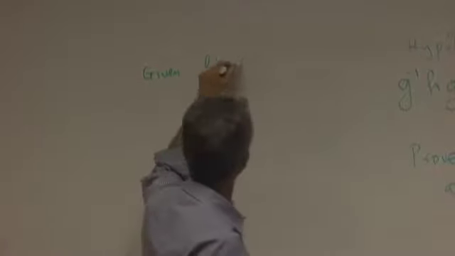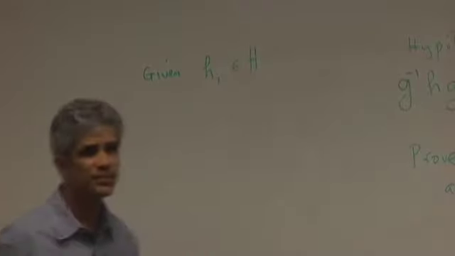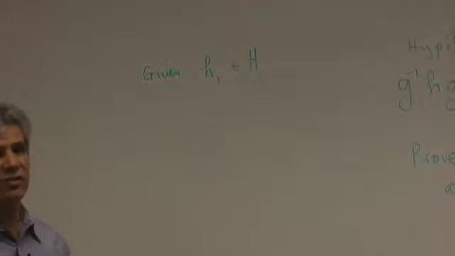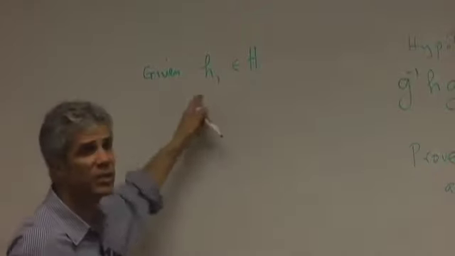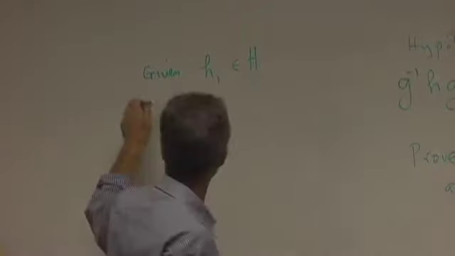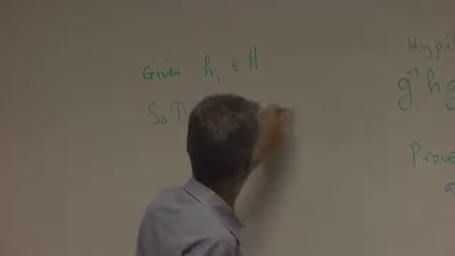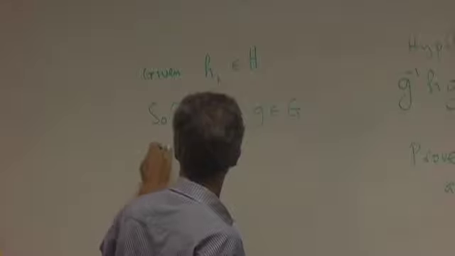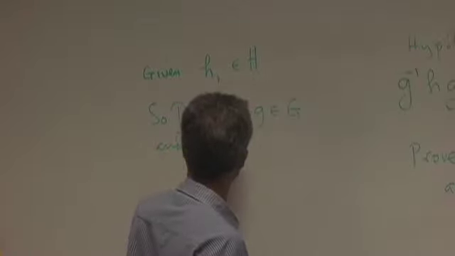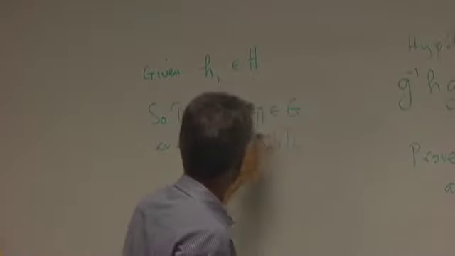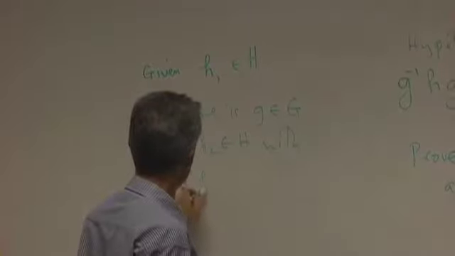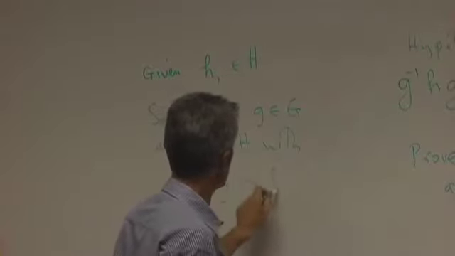You said, well, I have something, let's call it H1, that's in H. So at some point in your proof, you wound up with some element in H, and then you said, so there is a G in the group, and let's call it H2 in H, with G inverse H2 G equals H1.